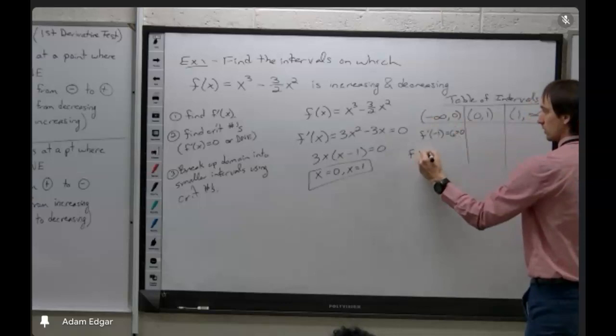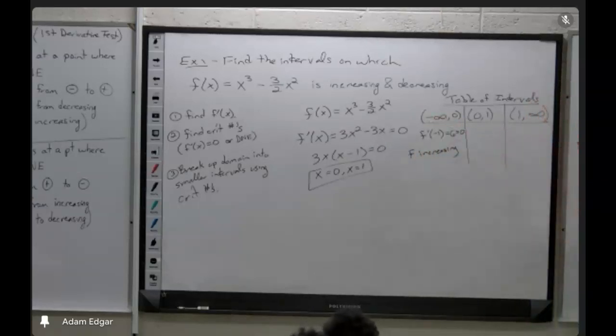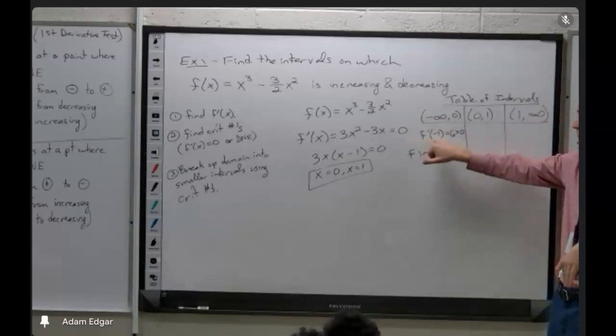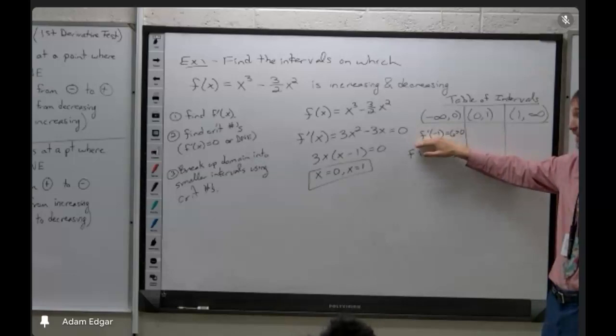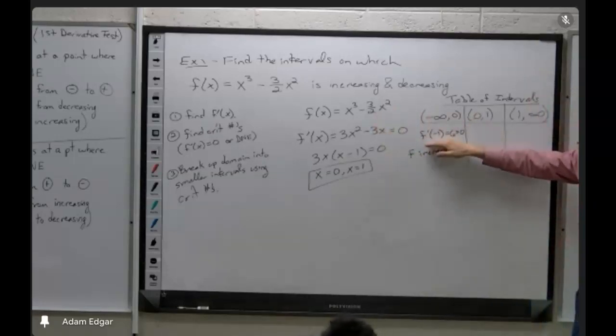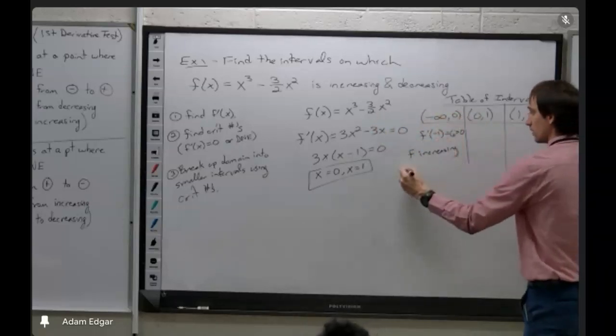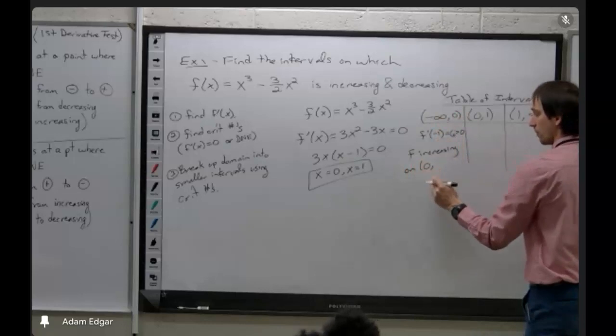Increasing. So we pick a number from within this interval, and that represents the entire interval. Whatever f prime is at negative 1, f prime is going to be the same sign all the way through that interval. So if f prime is positive all the way through this interval, we know that f is increasing on the interval minus infinity to 0.